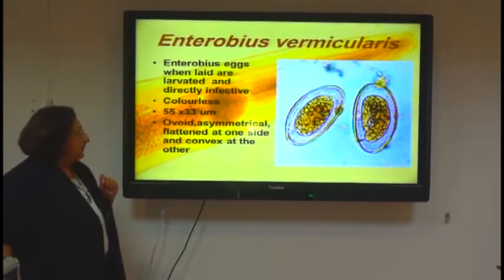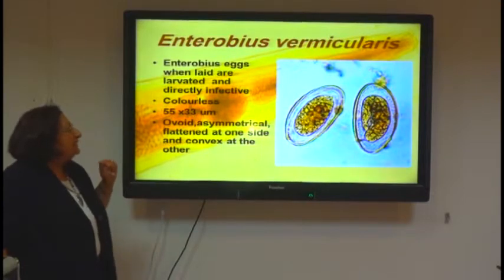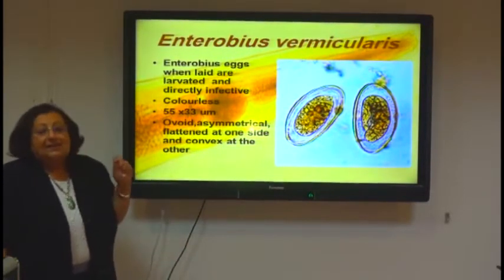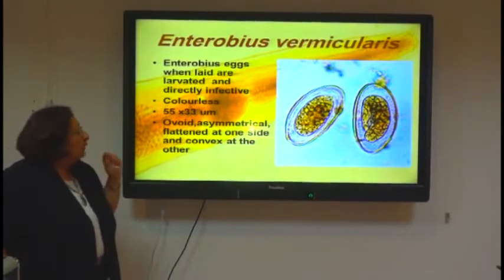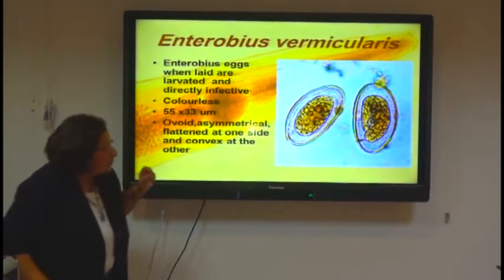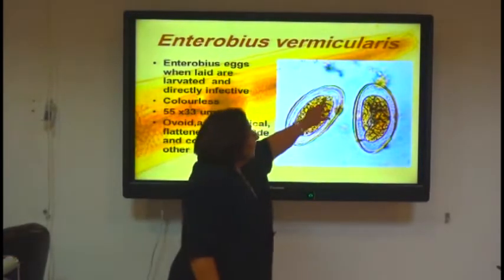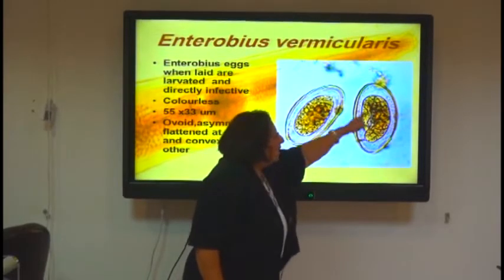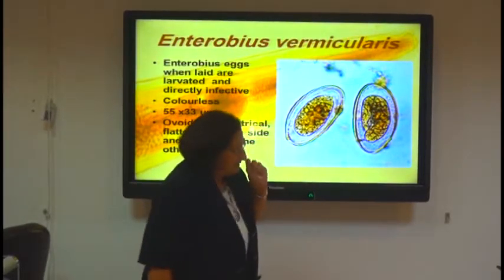Enterobius eggs, when laid, are larvated, directly infective, and colorless. What is important is that they are asymmetrical. As we see here, they are ovoid but asymmetrical. One side is flat and the other side is convex.